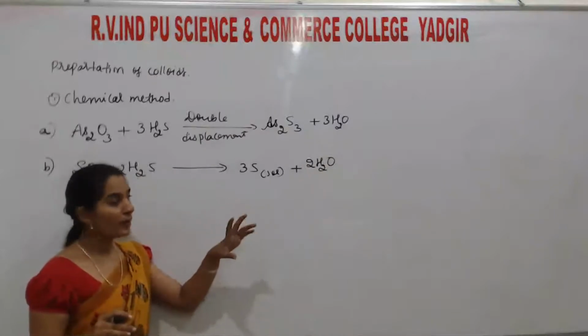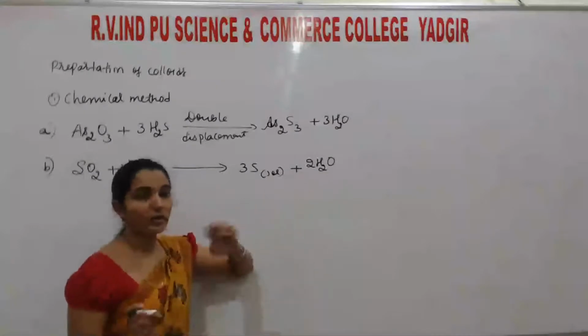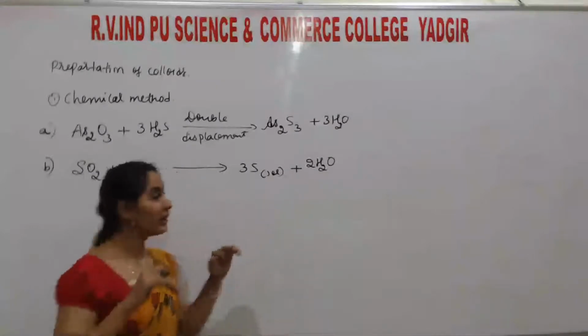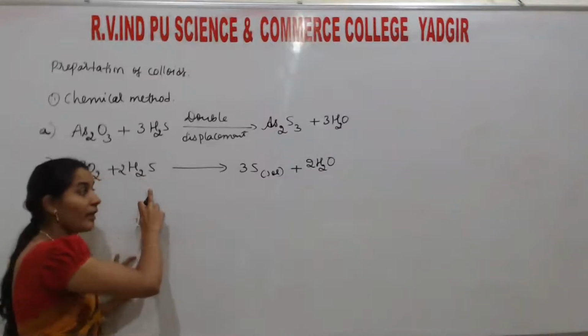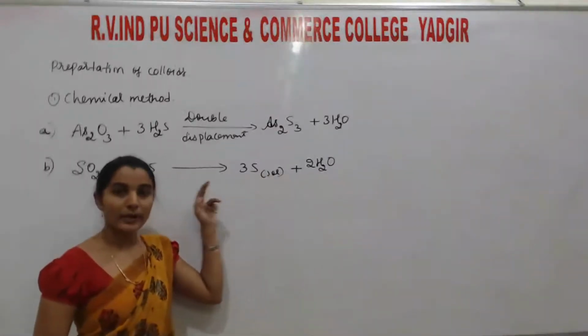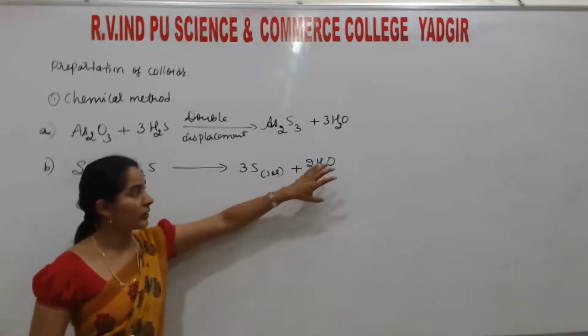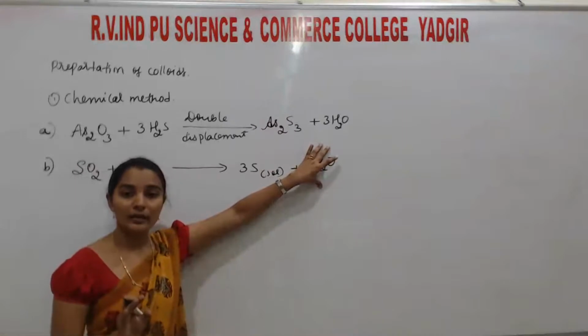A hydrophobic salt means sulfur in water. Sulfur in water, they won't react easily. But when the sulfur dioxide is mixed with this H2S, then they form sulfur and water. If we dissolve sulfur directly in H2O, it won't react.